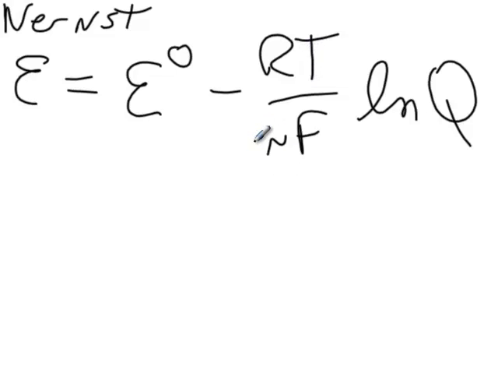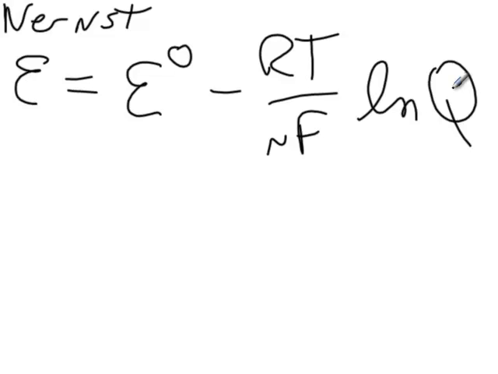n is the number of electrons being transferred in the reaction. F is the Faraday that we just talked about. And Q is the equilibrium constant when you're not at equilibrium. This equation is based off of the delta G equals delta G standard plus RT ln Q that we learned about in thermodynamics.